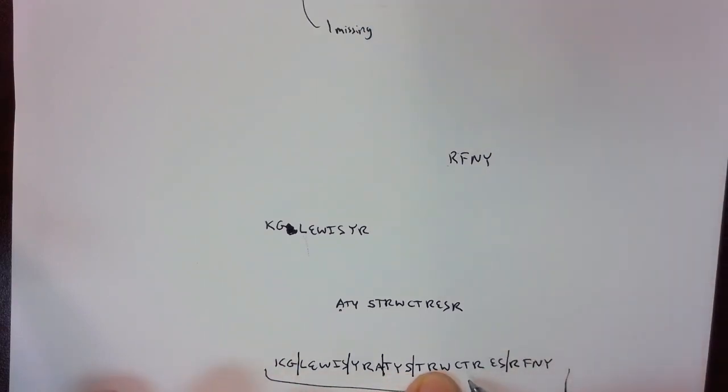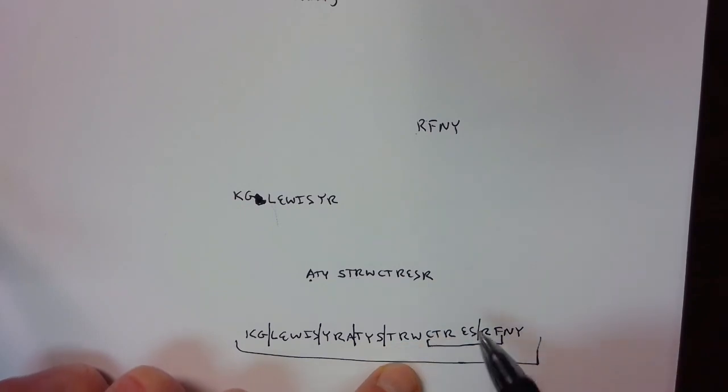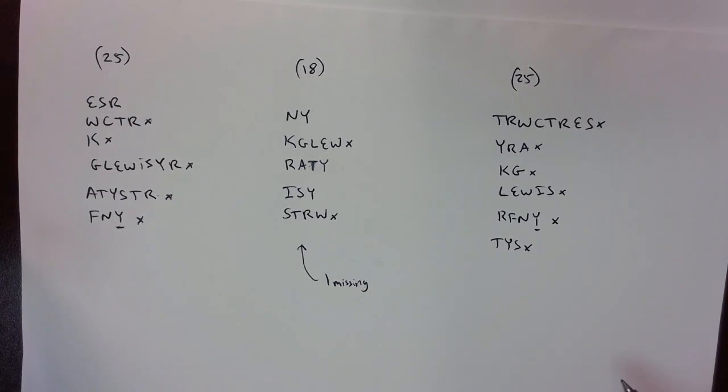So the missing fragment must be right here. The CTRES RF. 1, 2, 3, 4, 5, 6, 7. That's a 7 peptide, or heptapeptide. So that's what's missing from this middle column up here.